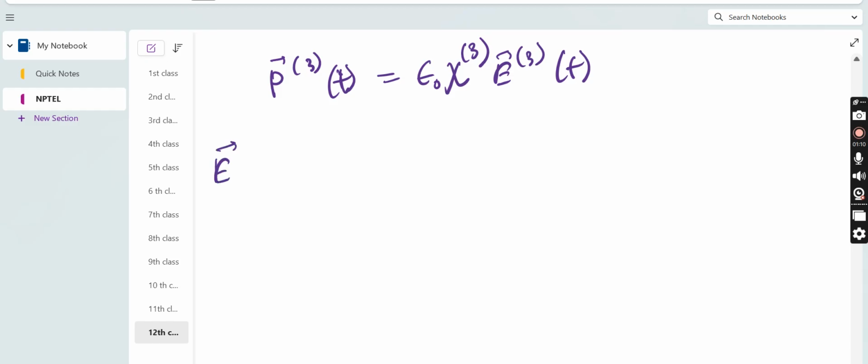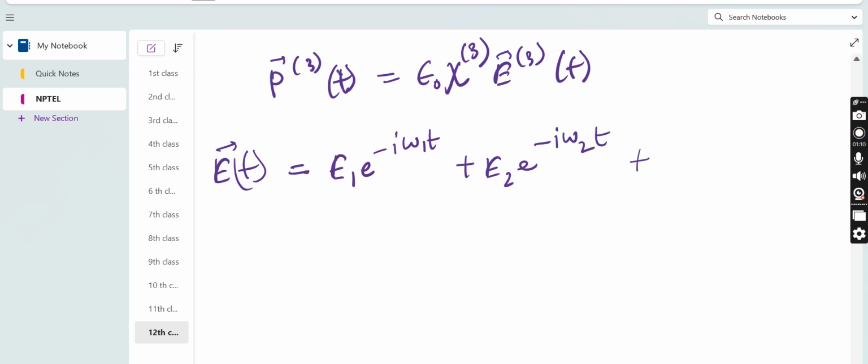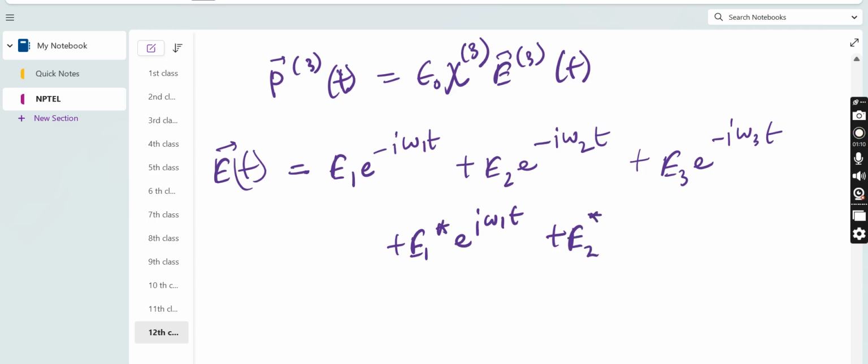So E is basically E1 e to the power minus i omega 1 t plus E2 e to the power minus i omega 2 t plus E3 e to the power minus i omega 3 t and their complex conjugates, E2 star e to the power i omega 2 t plus E3 star e to the power i omega 3 t.